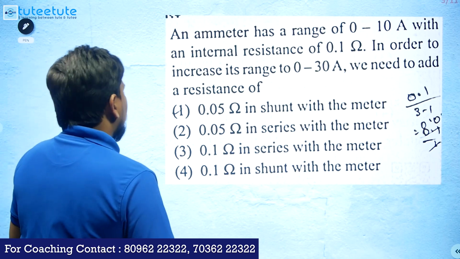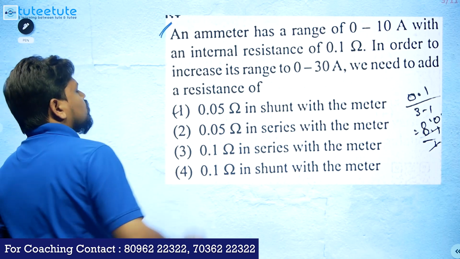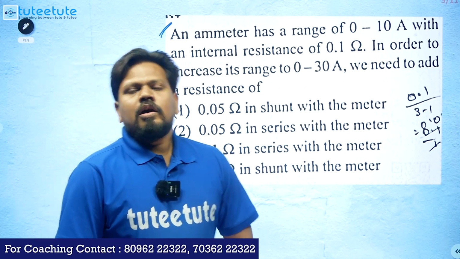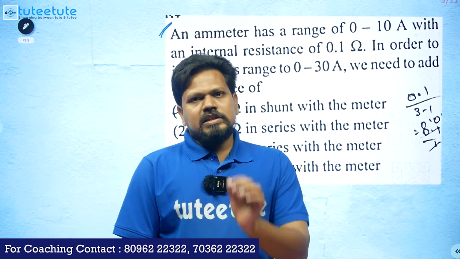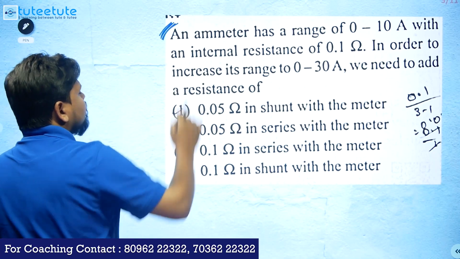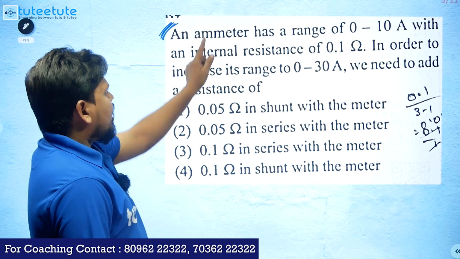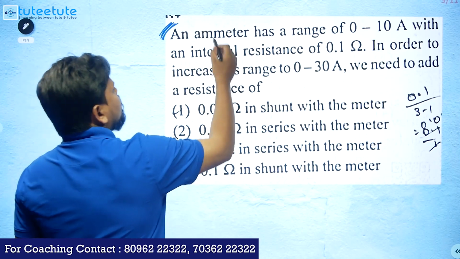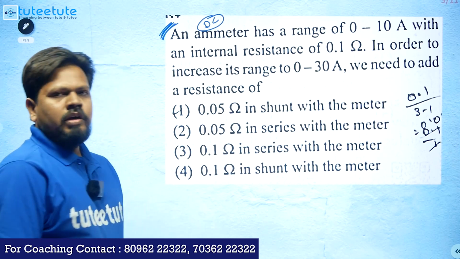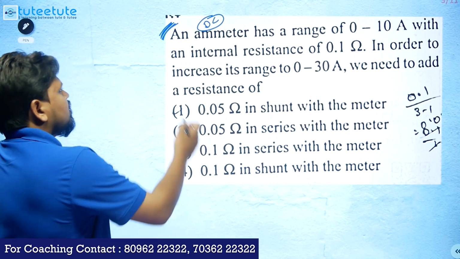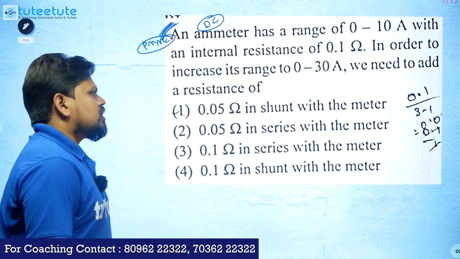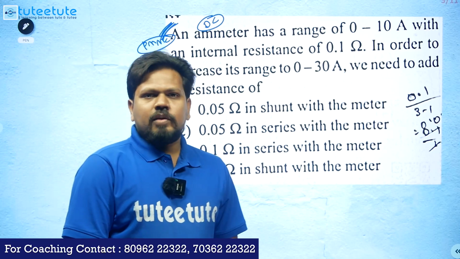This model of question, in any exam, GATE, engineering services, AEE, polytechnic lecturer examination, SSC junior engineer examination, will definitely be coming from ammeters. They have not mentioned anything, so this is a DC ammeter, that means PMMC. They can ask about an AC ammeter also, and may ask from moving iron type of instrument also.